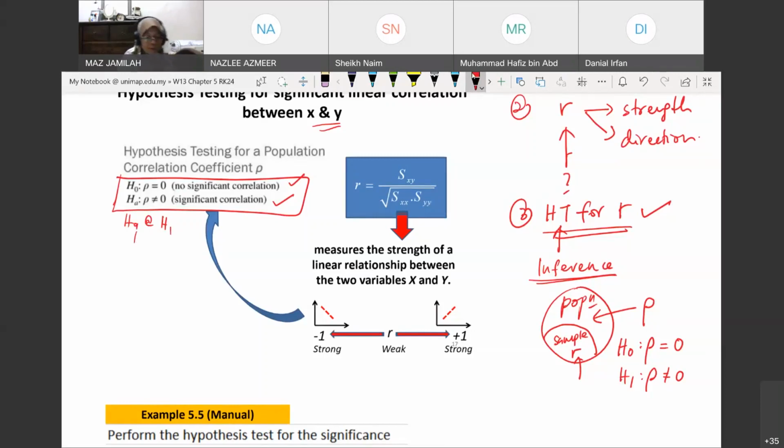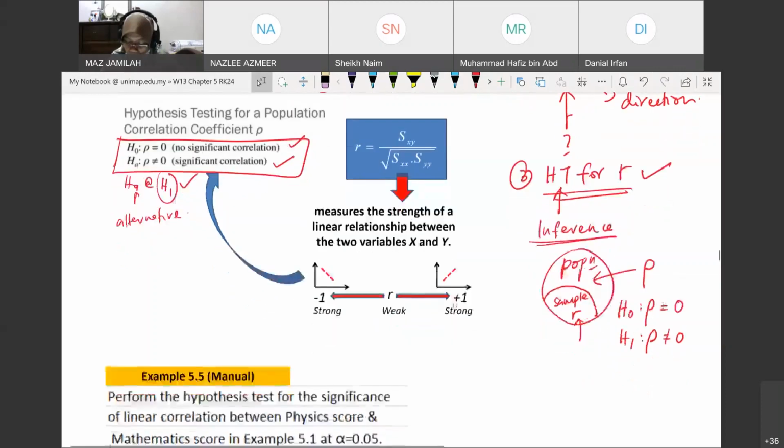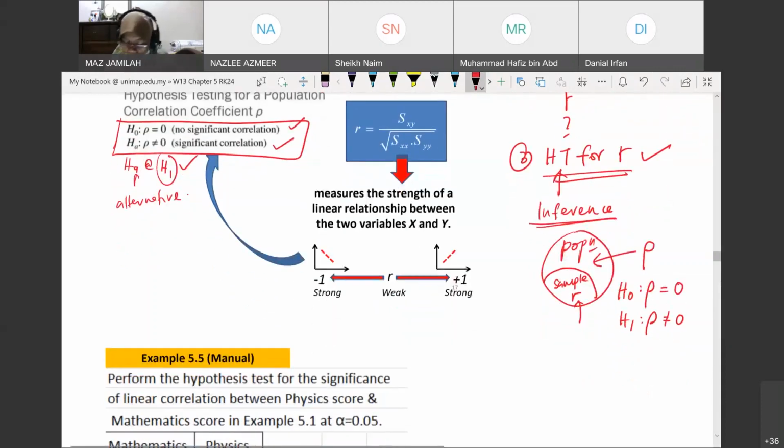Alternative stands for alternative, but we usually use H1.